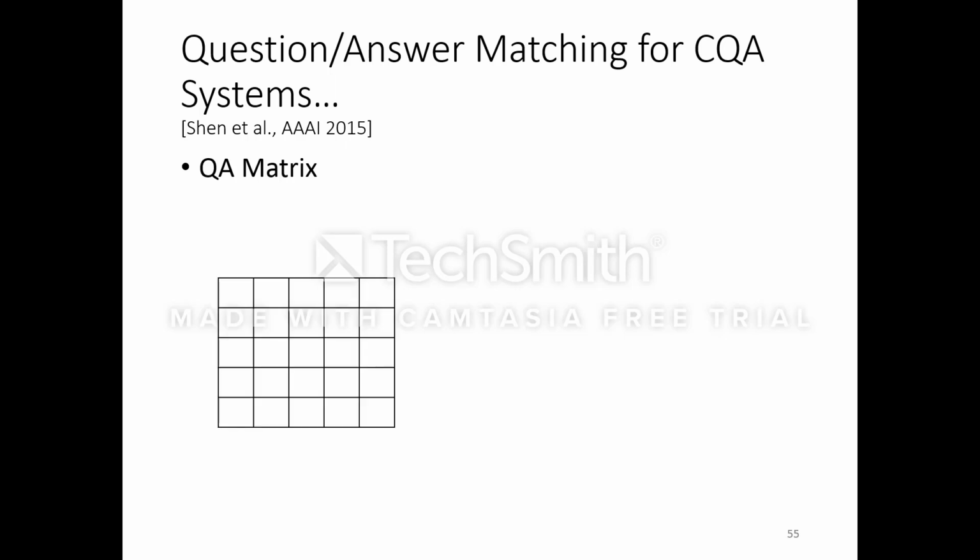So you first learn a QA matrix. If you take a question and an answer, and the question has 5 words and the answer has 5 words, then you get a 5x5 matrix, right? And depending on the frequency of correlation, if the second question word is associated with the third answer word, or if the word embeddings are close to each other, essentially you give a high value there.